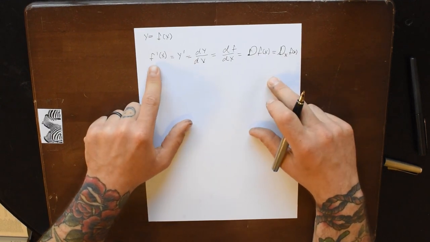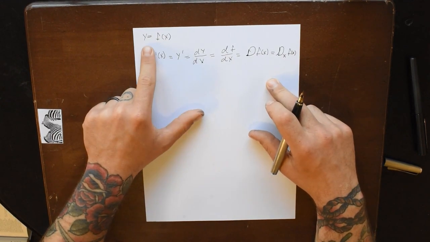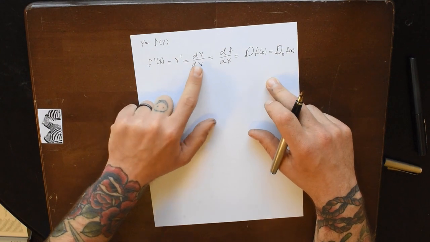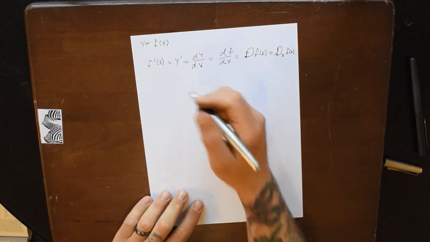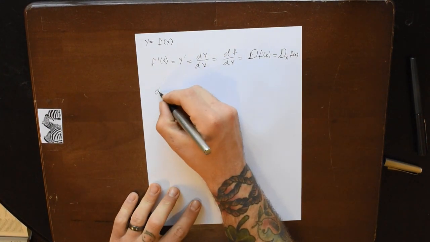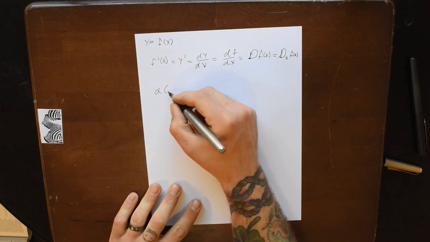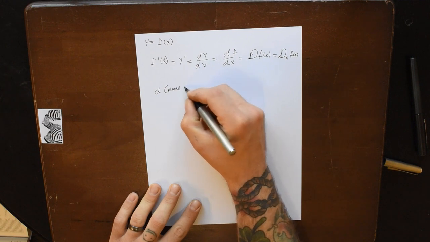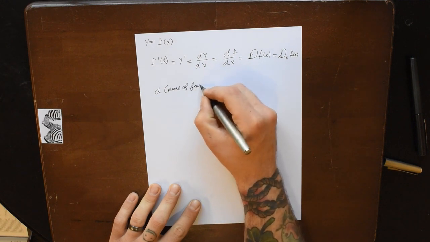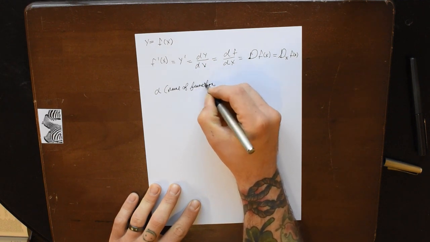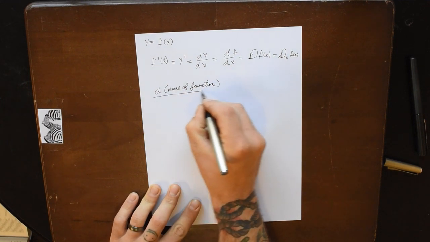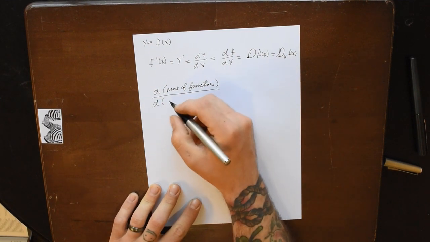So, the derivative of f, the derivative of y, because y is the same as f. This notation is kind of when we have d, derivative, name of function, d variable.